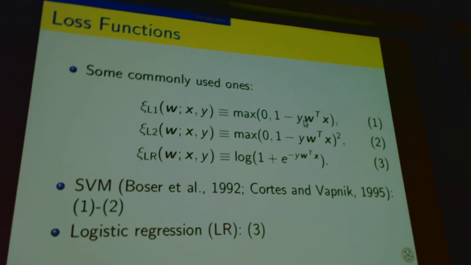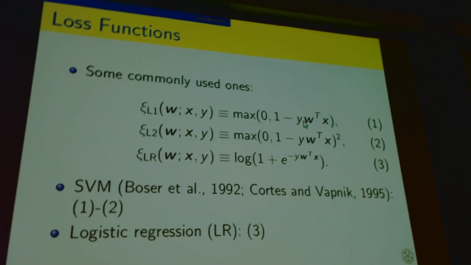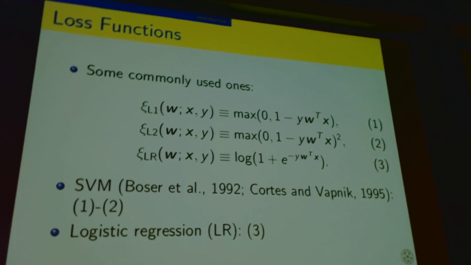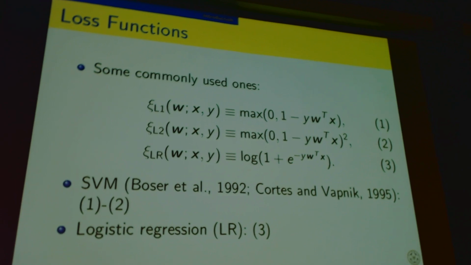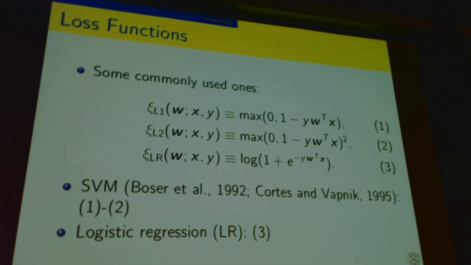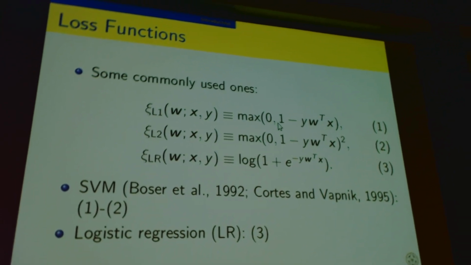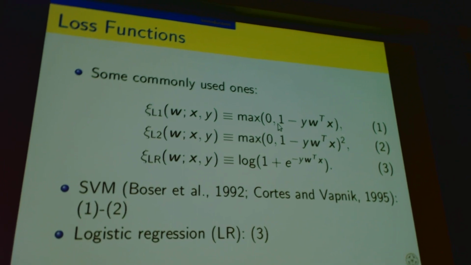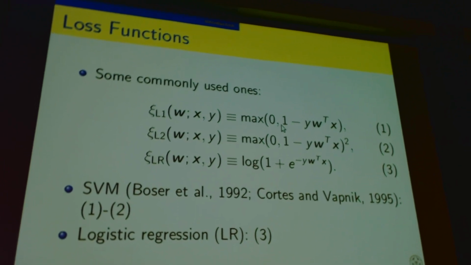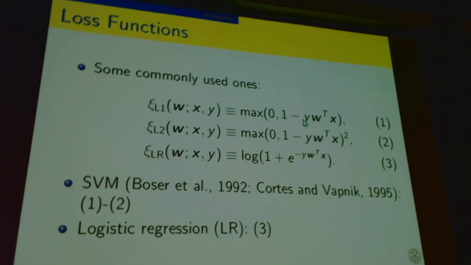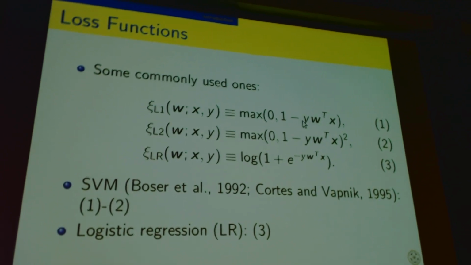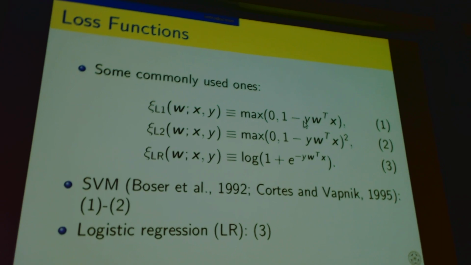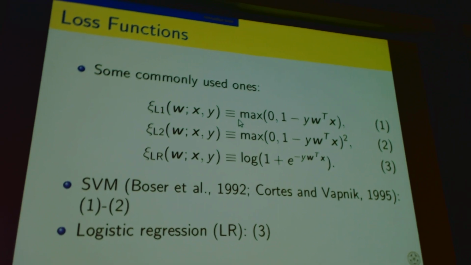So this y W transpose x, we hope that it is positive. But if it is negative, that means a wrong prediction. So 1 minus the negative number becomes positive. After the max function, that indicates there is a training loss. But otherwise, if you have a positive value here, 1 minus positive is negative. After taking the max function, that is 0. That indicates 0 loss. So this is the so-called hinge loss, or we call it L1 loss.